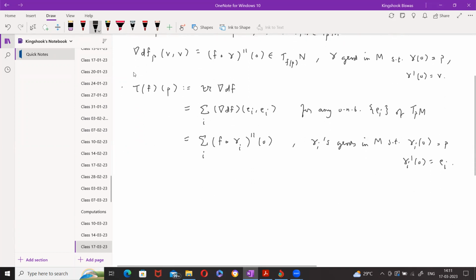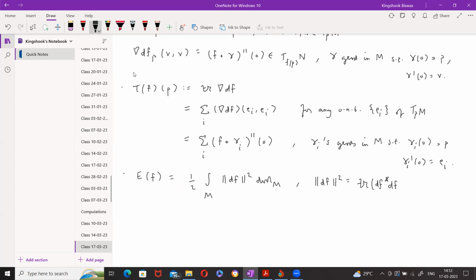So we looked at the energy of a smooth map. This was half the integral over M of norm df squared with respect to volume, where norm df squared was the trace of the endomorphism df star df.